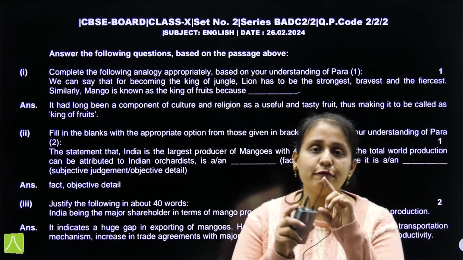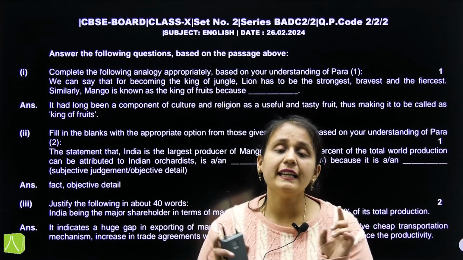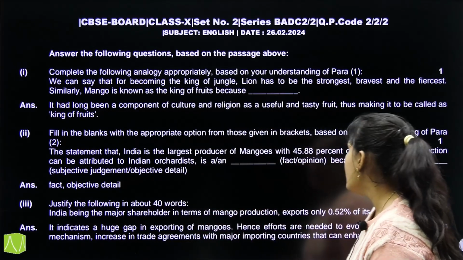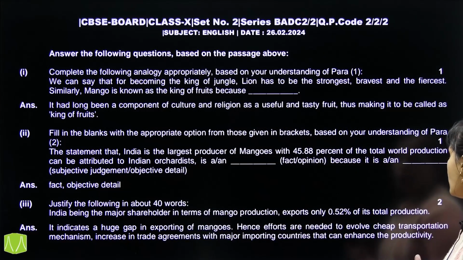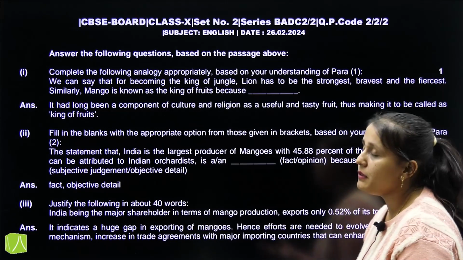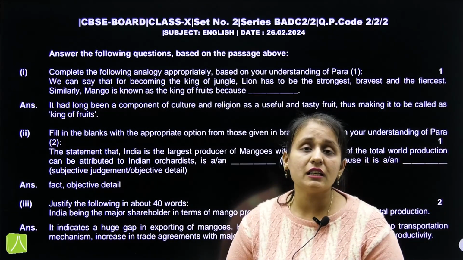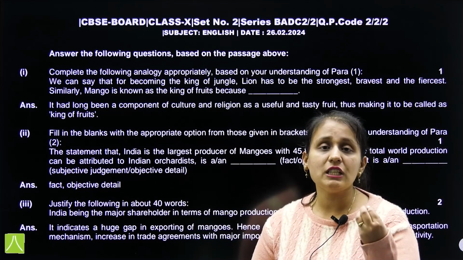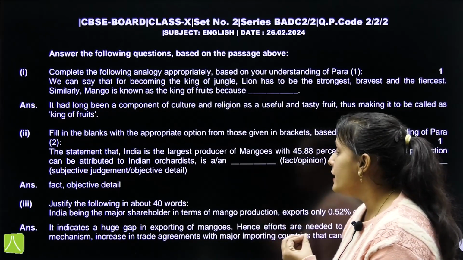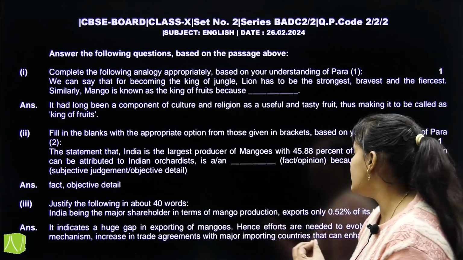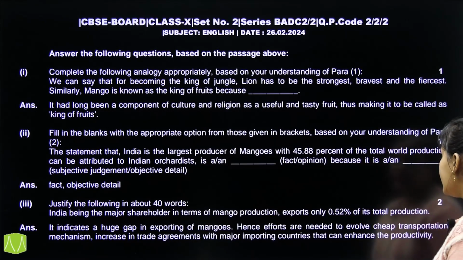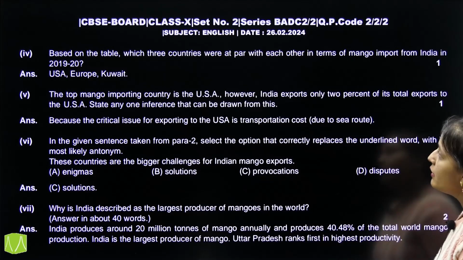There is a very vast gap in India's mango exports. Hence, efforts are needed to evolve cheap transportation mechanism, and increase trade agreements with the importing countries that can enhance the productivity.